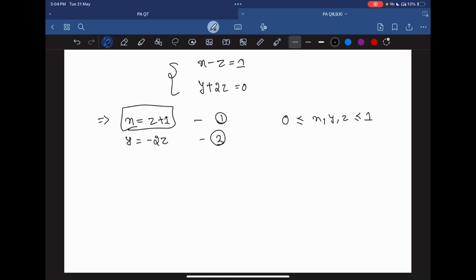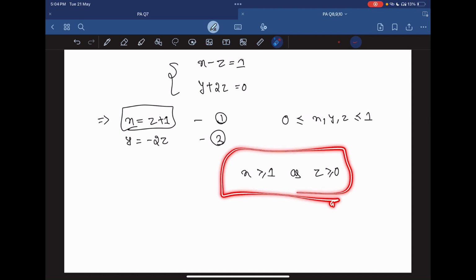So x will be greater than or equal to 1. At z equal to 0, x would be 1, and for any value of z greater than 0, x would be greater than 1.